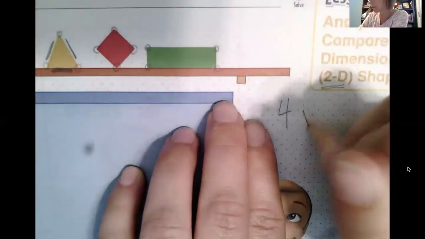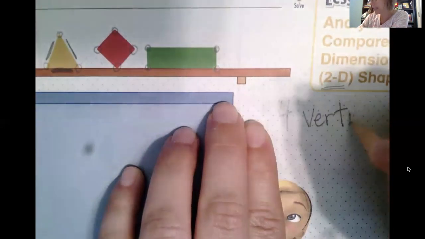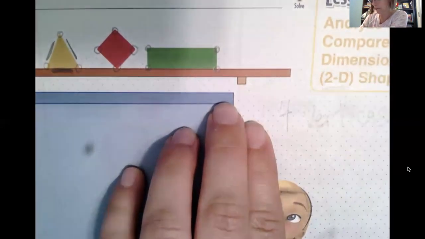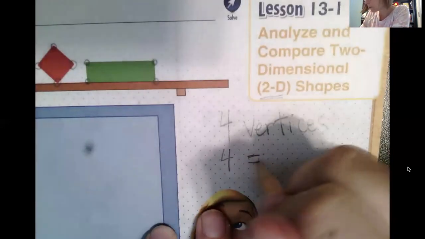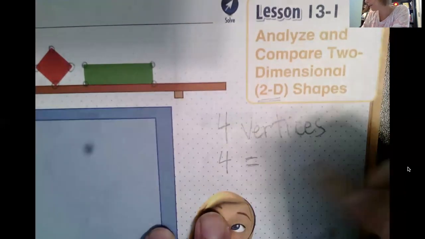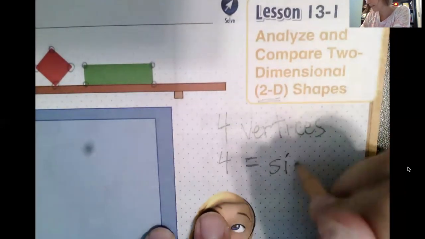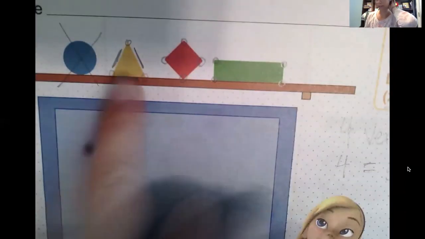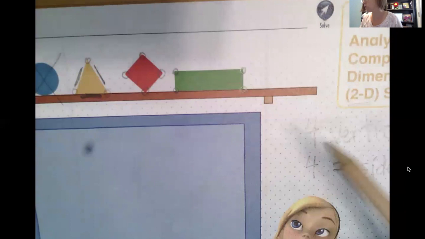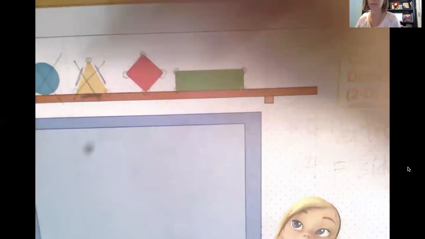We're looking for one that has, I'll write the clues right here, 4 vertices and 4 equal, remember equal means same, sides. Can it be the triangle? No, it cannot because it does not have 4 corners or 4 sides.